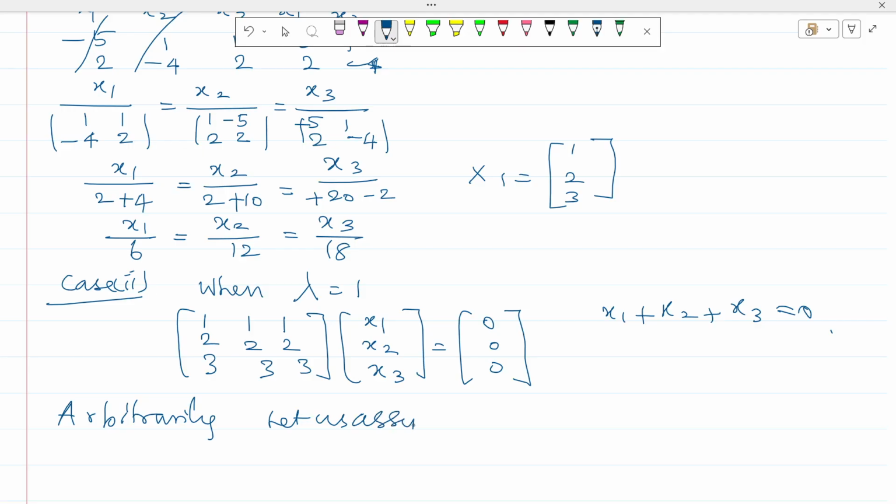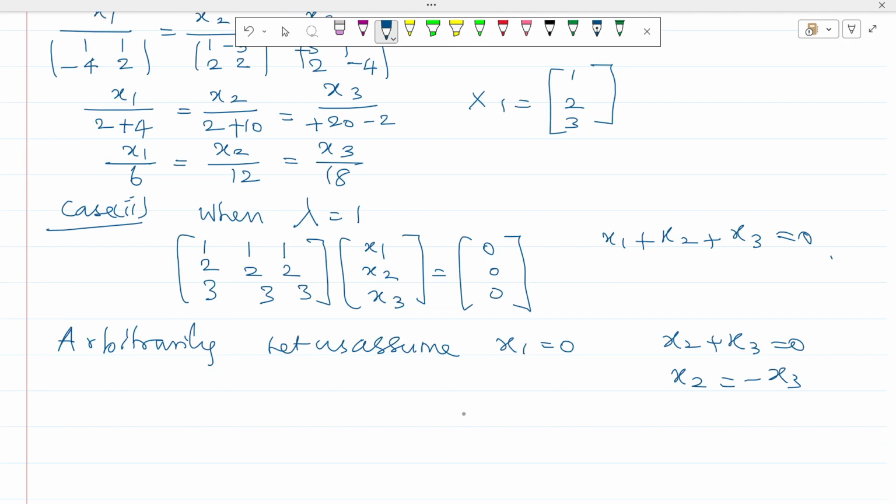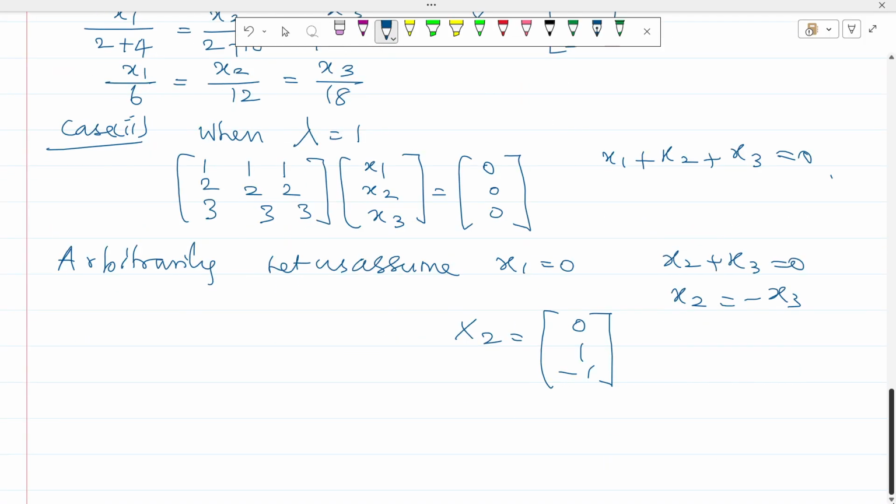Let us assume x1 equal to 0, then x2 plus x3 equal to 0, that means x2 equal to minus x3. Then the second eigenvector is 0, 1, minus 1.